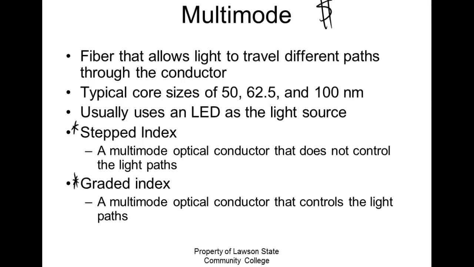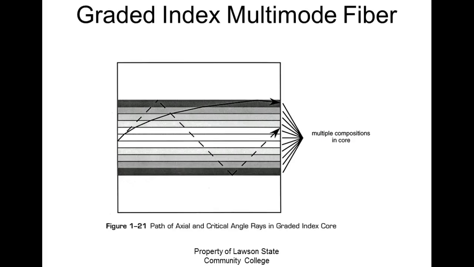Graded index, what they do is we control the path that the light follows, and we reduce the time between the critical rays and the actual rays, which means a graded index multi-mode cable can run at higher speeds.